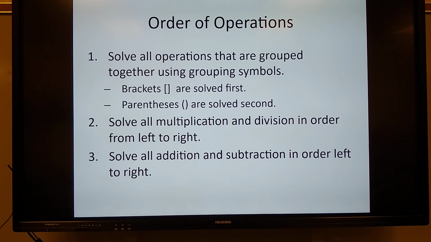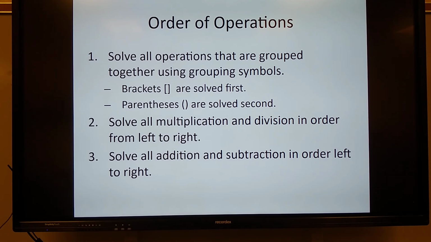Number 2 says solve all the multiplication and division in order from left to right. So you start on the left side of the math problem, just like you're reading, and you work your way over to the right. And as you're moving across the math problem, you solve all the multiplication and division problems you come across.